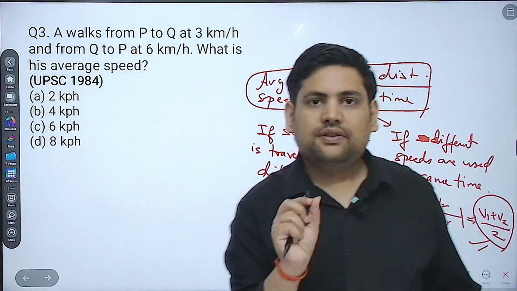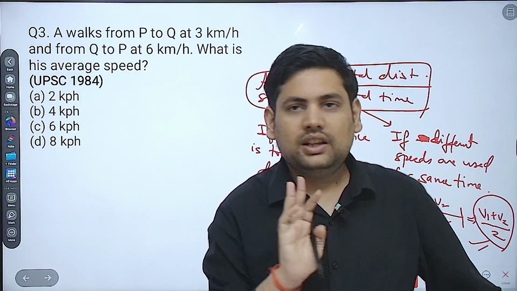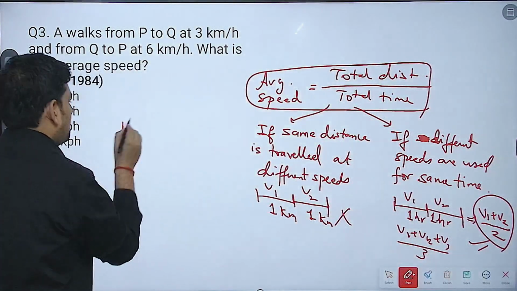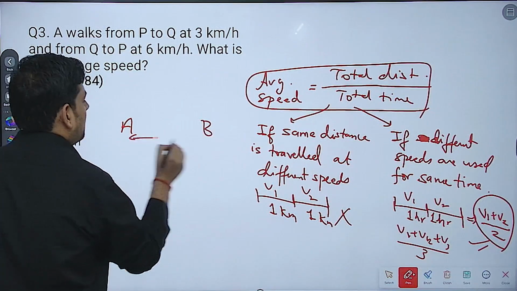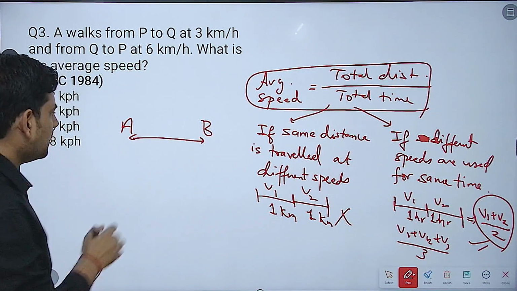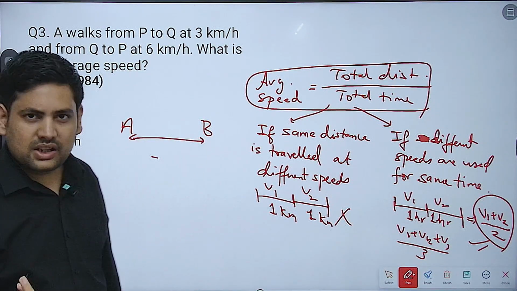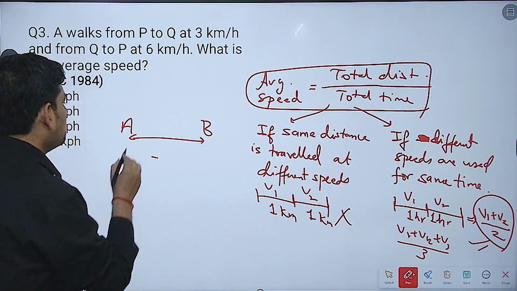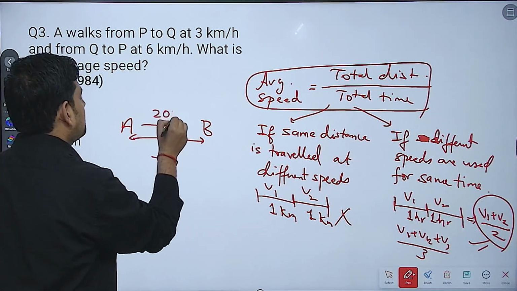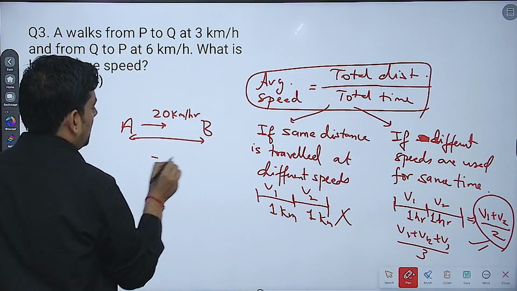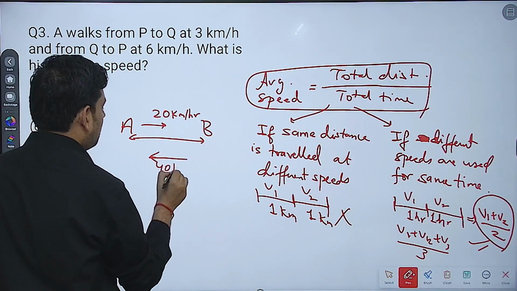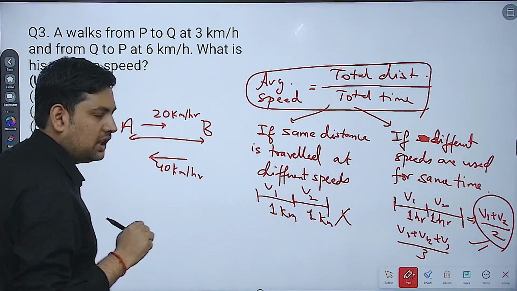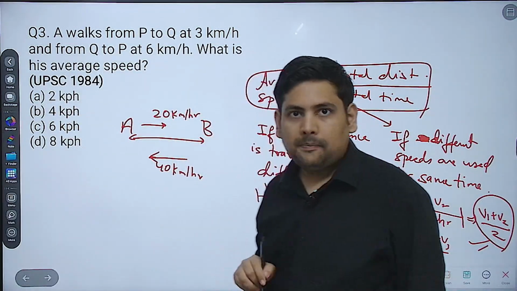Now if a vehicle, let's say, goes from point A to point B, the distance is the same, correct? While going also, while coming also, the distance will be the same. Now it goes at a speed of 20 kilometer per hour. It comes back at a speed of 40 kilometer per hour. Now understand this.